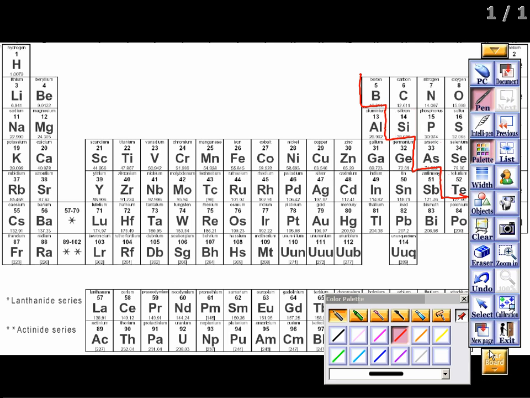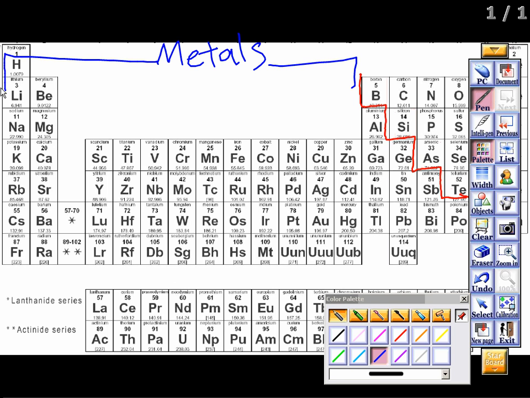So, the first major type of group is the metals. You know metals, things that conduct electricity, are hard and shiny. Everything to the left of the stair step is a metal. Lithium, beryllium, these over here. Every element in all of these groups over here are metals.